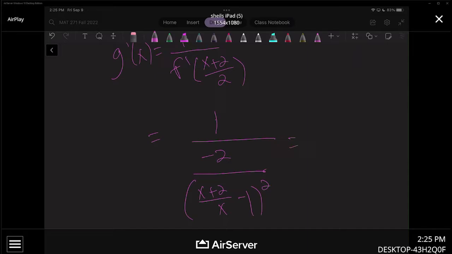This is equal to x plus 2 over x minus 1 squared all over this negative 2.